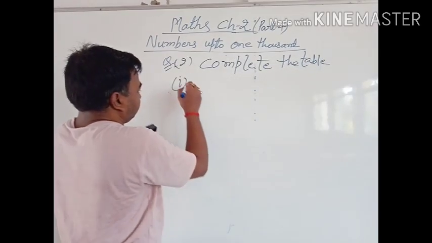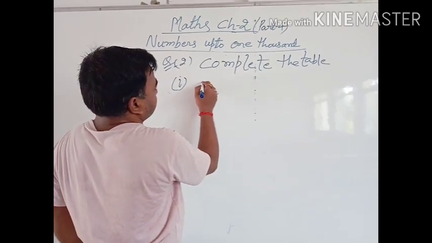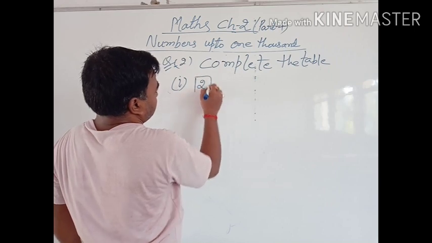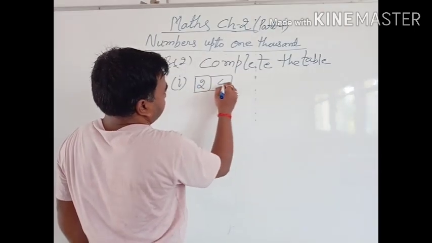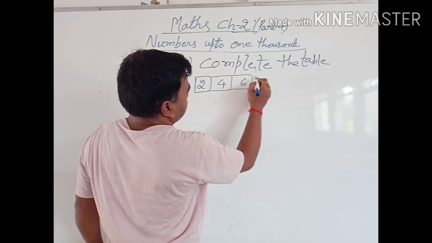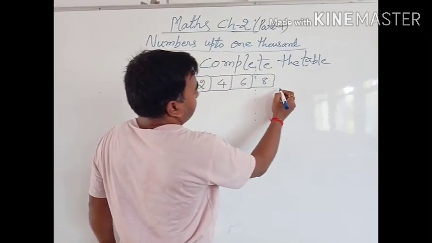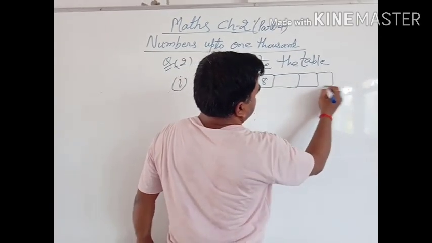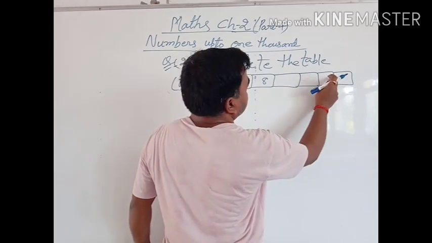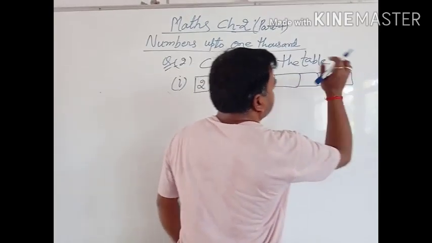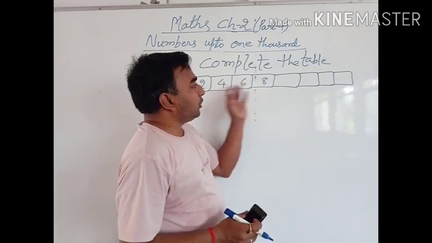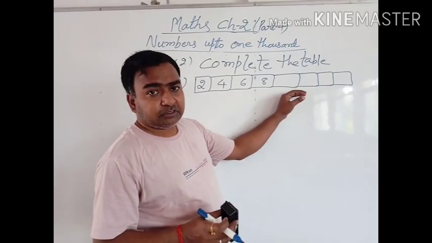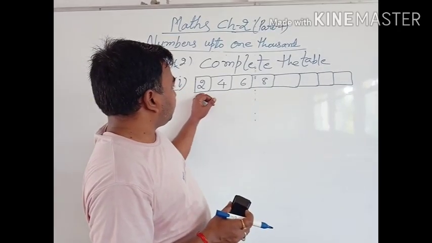Question number 1: I have written 2, 4, 6, 8. Which number is required to fill inside these boxes? You can see I have drawn 4 empty boxes. You have to fill these boxes with the correct numbers.